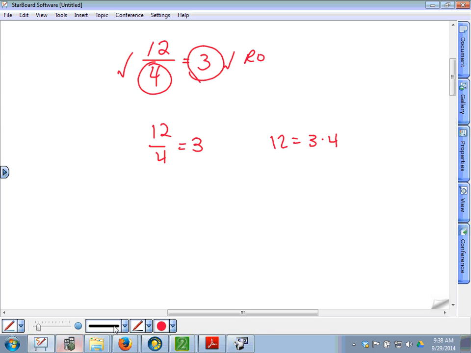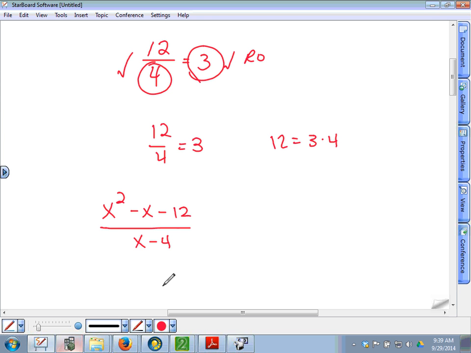Now I want to try to extend this beyond numbers to some expressions. If I took x squared minus x minus 12 and divided it by x minus 4, how do I know that x minus 4 is really a factor of x squared minus x minus 12? How do we know that 4 is a factor of 12?